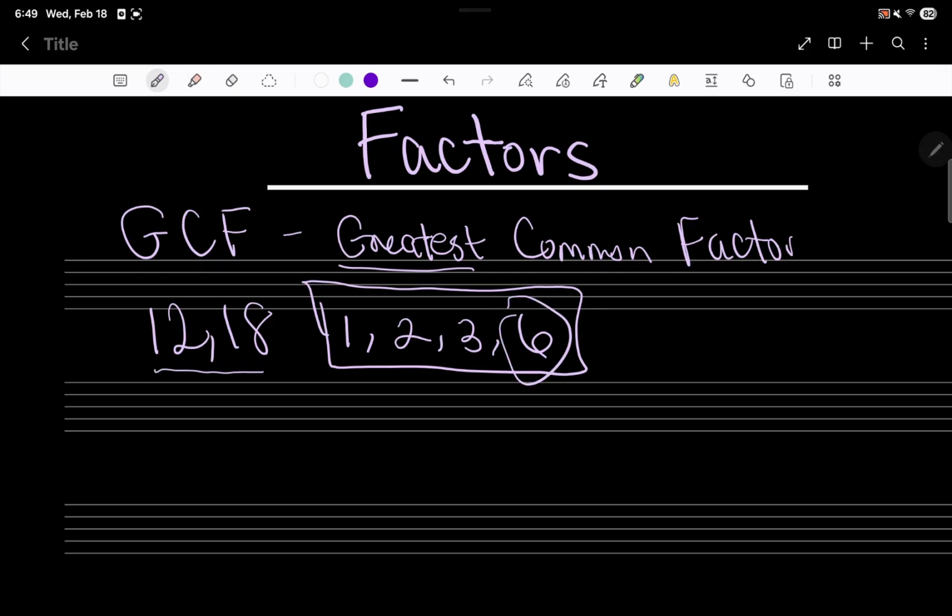is 6. So let's say I have 12 apples and 18 oranges.